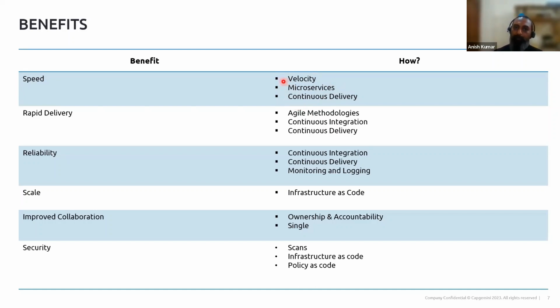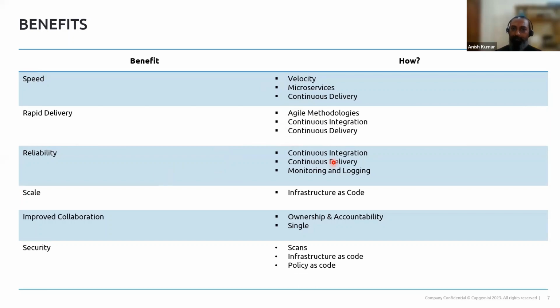So the combination of these three would help us reap the benefit of speed. Rapid delivery, agile methodologies, I spoke about how to plan and so on. Continuous integration and continuous delivery help us achieve rapid delivery.